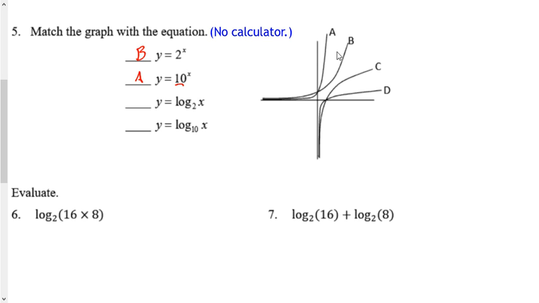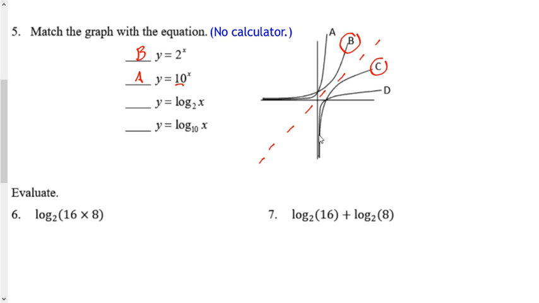And then, as we look at the logarithms, we learn that a logarithm and an exponential equation are inverses, they're reflections in a diagonal line, y equals x. And so the graph B will correspond to the graph C. Graph B increases more slowly.